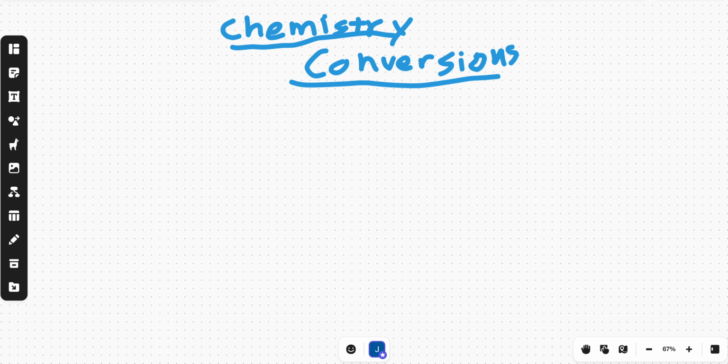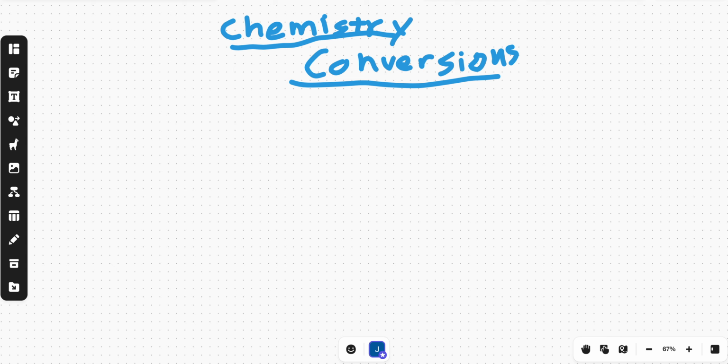Conversions is a really big thing in math, whether that's understanding how to convert 4 cups to tablespoons in cooking, or how many ounces of juice I am drinking per day and finding a balance between that and water. There are so many different ways of understanding and using conversions in our day-to-day lives. However, in chemistry, that is where it is usually found and is the most important.